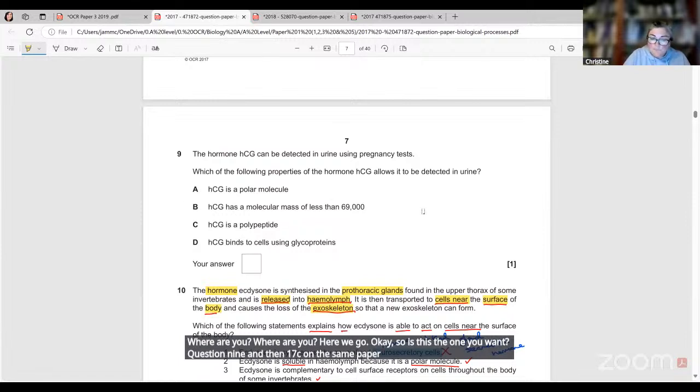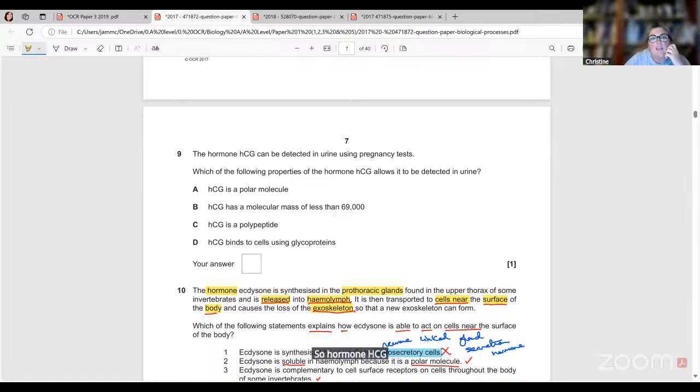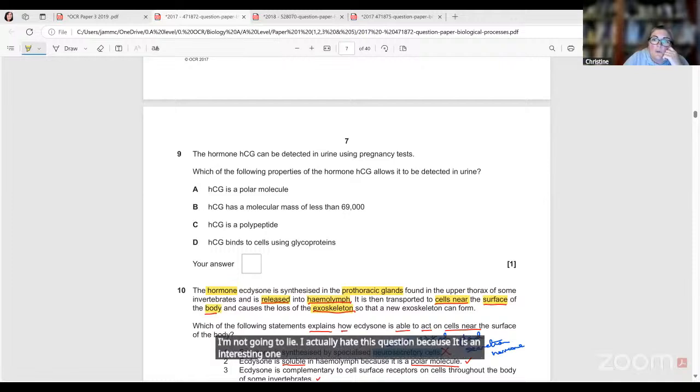Yeah, right, okay. So hormone HCG can be detected in, oh, I hate this question. I'm not gonna lie, I actually hate this question because it is an interesting one where the people who wrote this question, I don't know why they decided to write it this way. It's really not a very nice question.